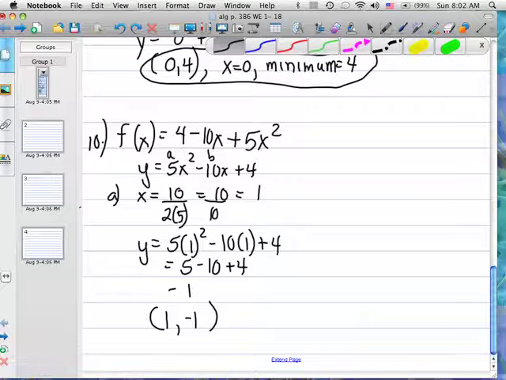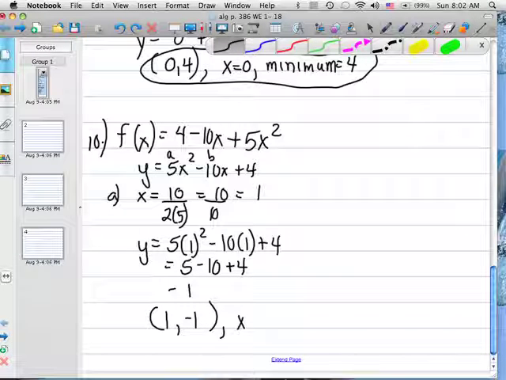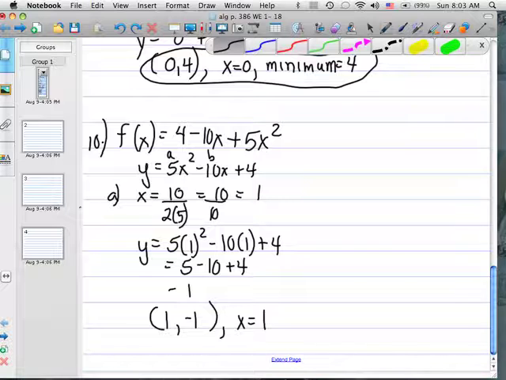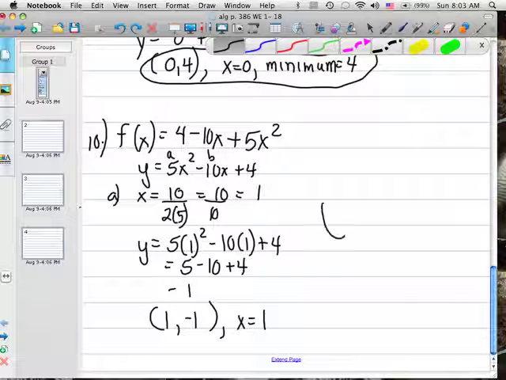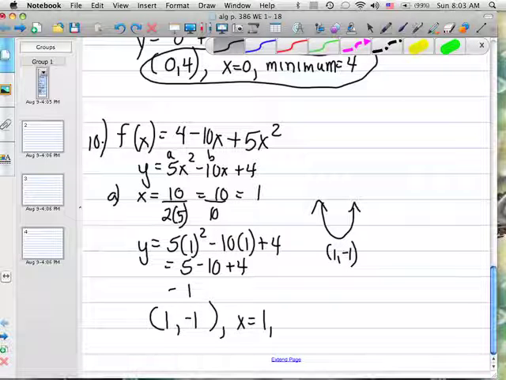So that's our vertex. The axis of symmetry has to be x equals the x value. It's going to go right through where x is 1. And since we turned this around, the a is positive, it's opening up. Vertex is 1, -1. So it has a minimum, smallest value at -1.